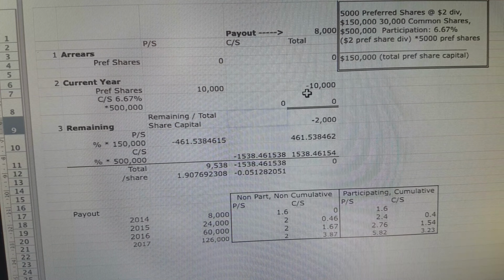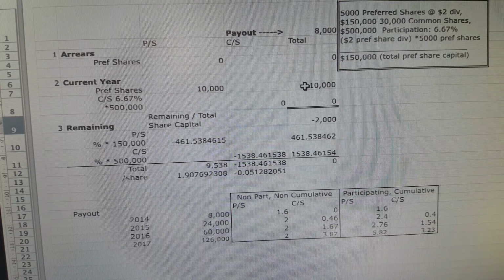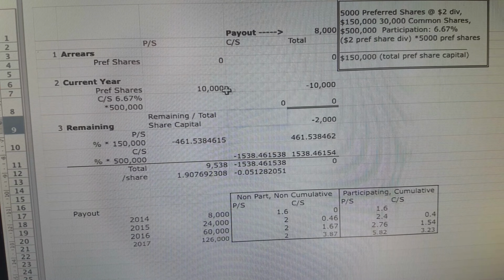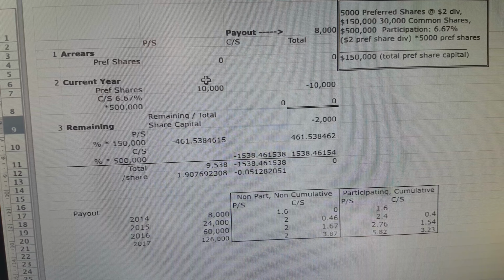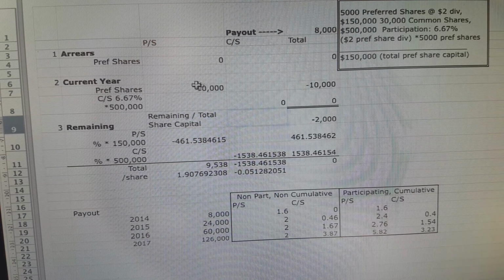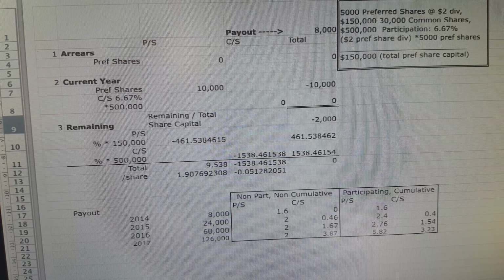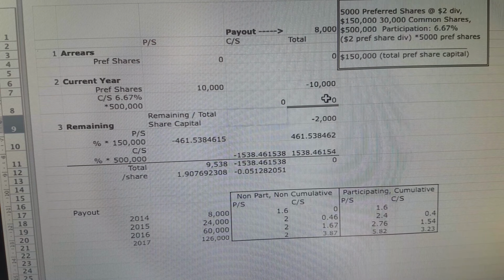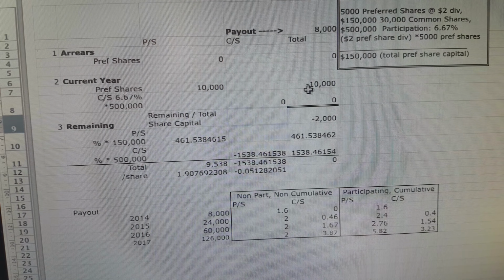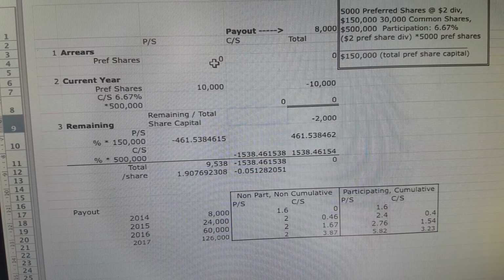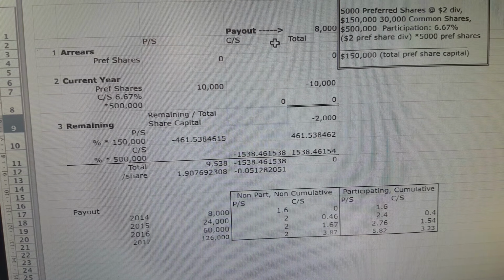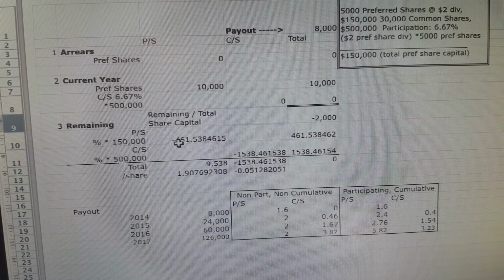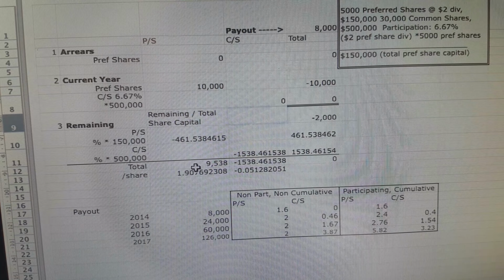All right, because we're doing non-participating, non-cumulative, we have a dedicated amount of 10,000 being paid out to the preferred shares, but we only have an 8,000 payout. So we have to then have an arrears. What we do is we just pay out the 8,000 and then divide that to get the per share amount, which is what the question wants.